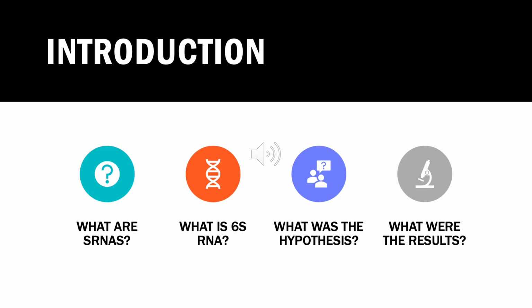So 6S RNA in E. coli is actually the first sRNA to be sequenced. It was sequenced over 30 years ago, but until this paper, the function remained unclear. So the scientists of this article were really interested in uncovering the function and the role of 6S RNA with RNA polymerase.